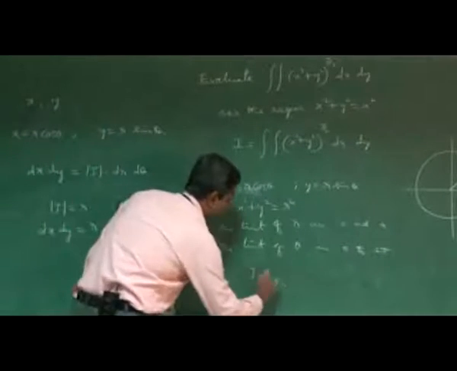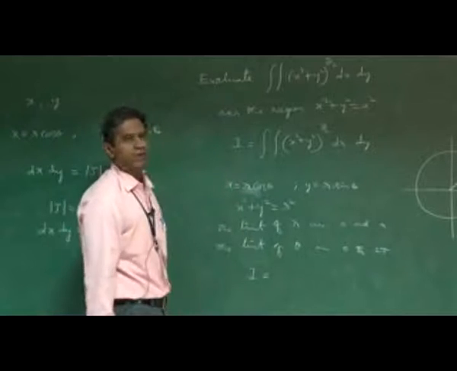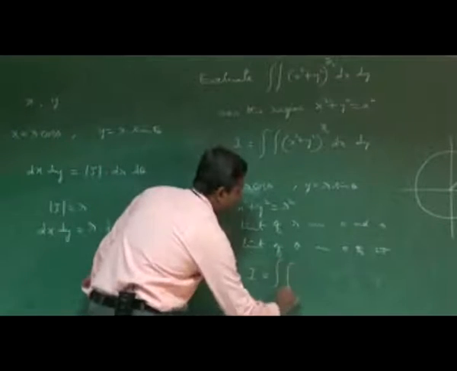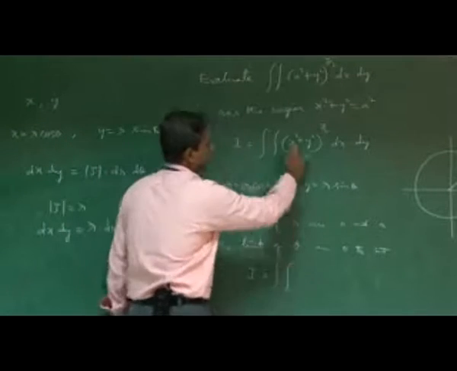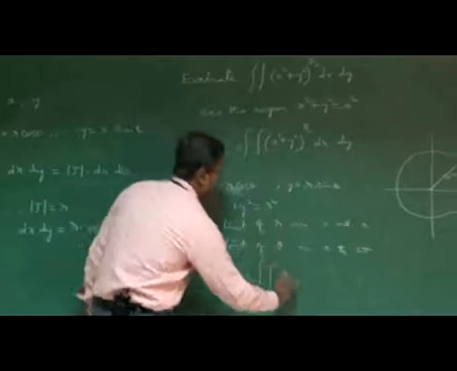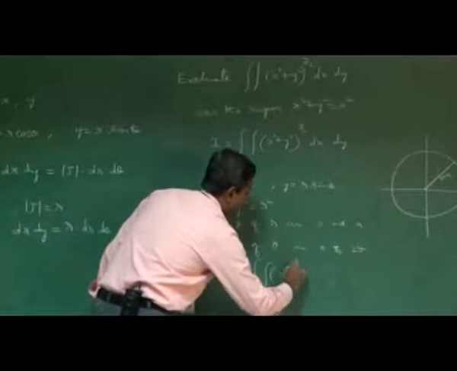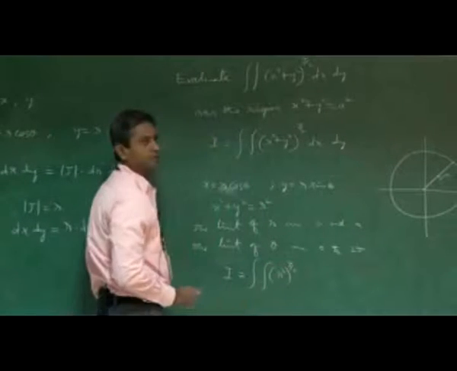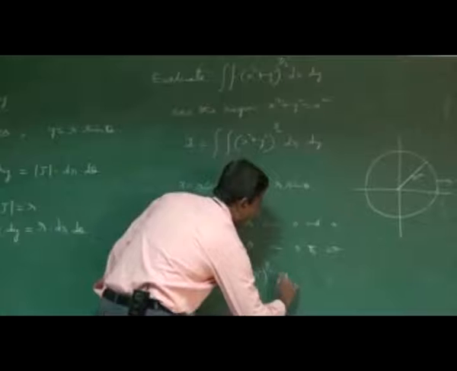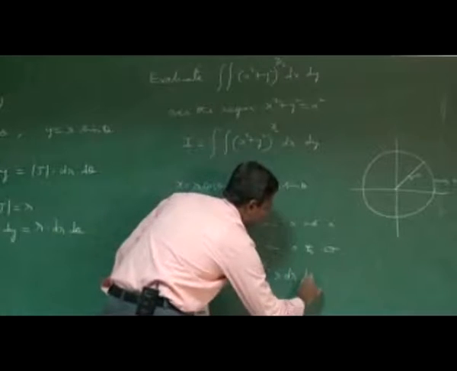After changing the Cartesian coordinates to polar coordinates, we write the double integral of (x squared plus y squared), treated as (r squared) whole to the power of 7 by 2, and dx dy is treated as r dr d theta.